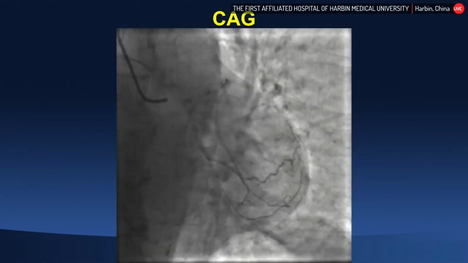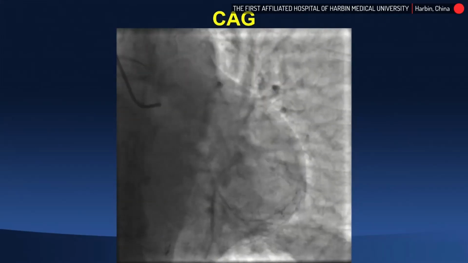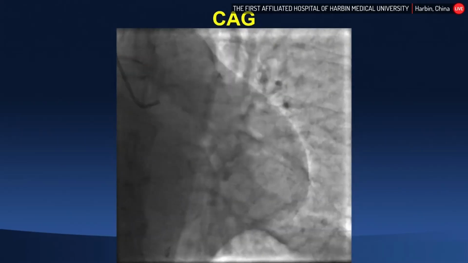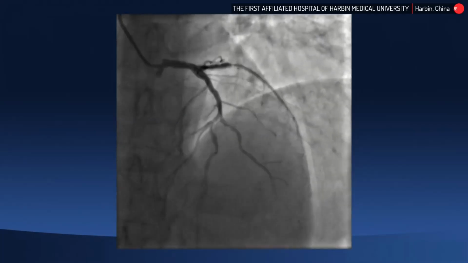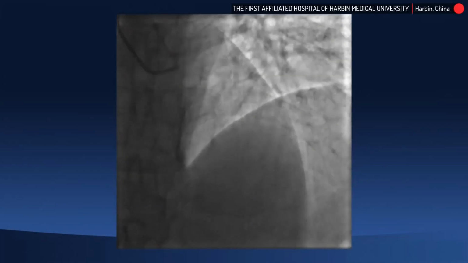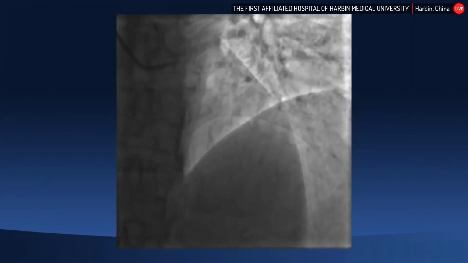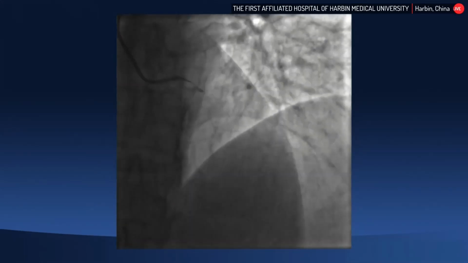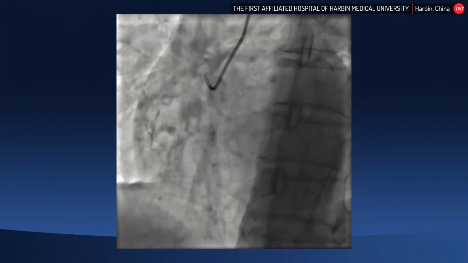Left coronary angiography shows LCX is dominant, with 99% stenosis at proximal. The left coronary angiography also showed moderate stenosis in the mid part of LAD. Right coronary angiography showed CTO of proximal RCA.